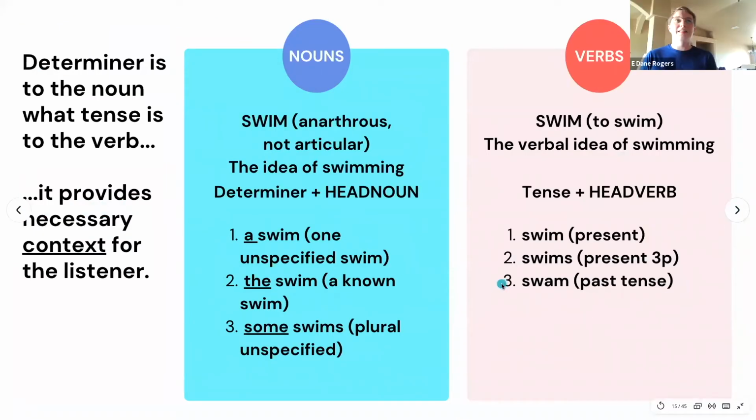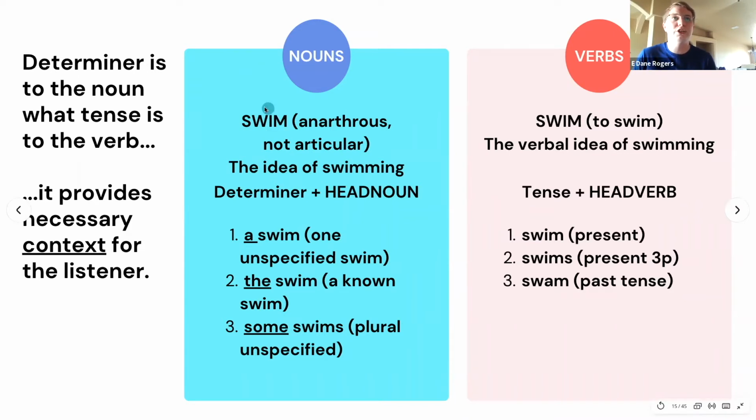Okay, the determiner functions together with the noun similarly to how tense functions together with a verb. It's going to be the closest relation to that word as possible. In fact, I look at tense and the base verb as two separate things that come together, just like the determiner and the content coming together to create a context.